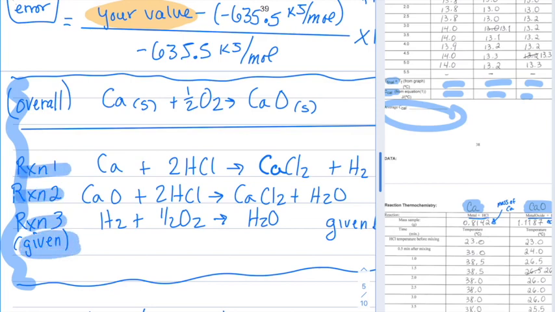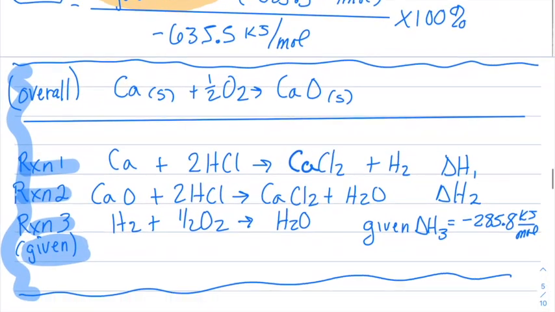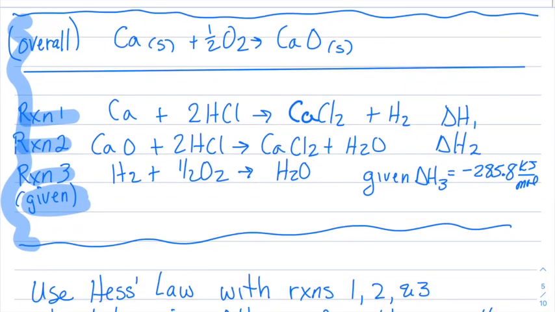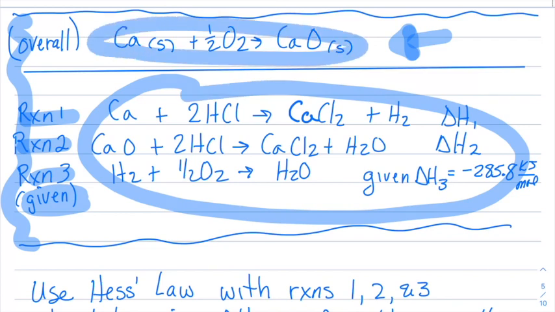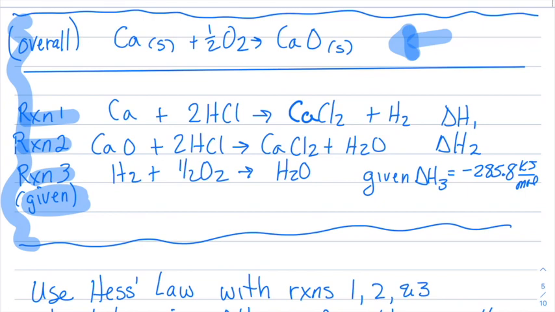Reaction 3 is given, and it is 1 and 2 that you do experimentally, or you would have done experimentally. When you add them up together, you get the overall. Make sure you actually do Hess's law, as Dr. DA did in the video. So one of these needs to be turned around backwards so that the sum of these will equal that. So again, you're adding them up just like you did in Hess's law.